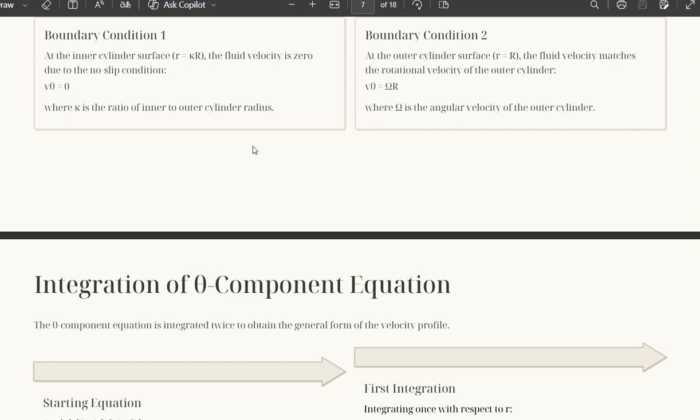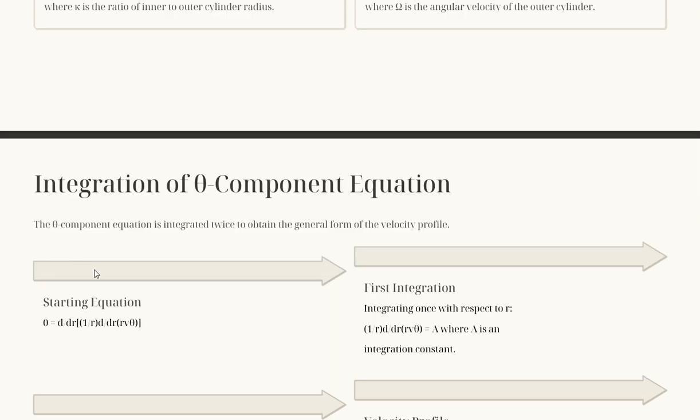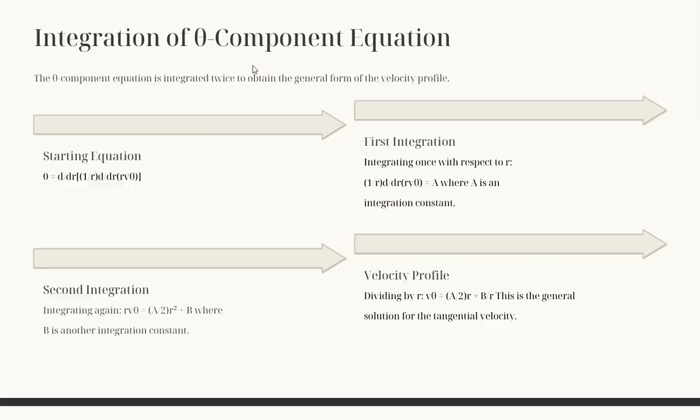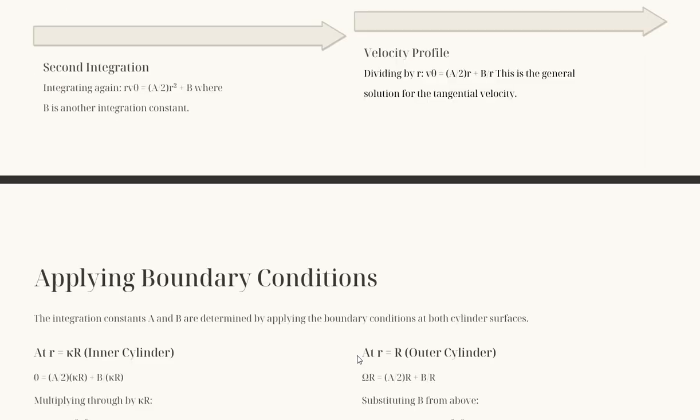Now by applying the boundary conditions in the equation, first we integrate the equation, then we get this form of velocity.